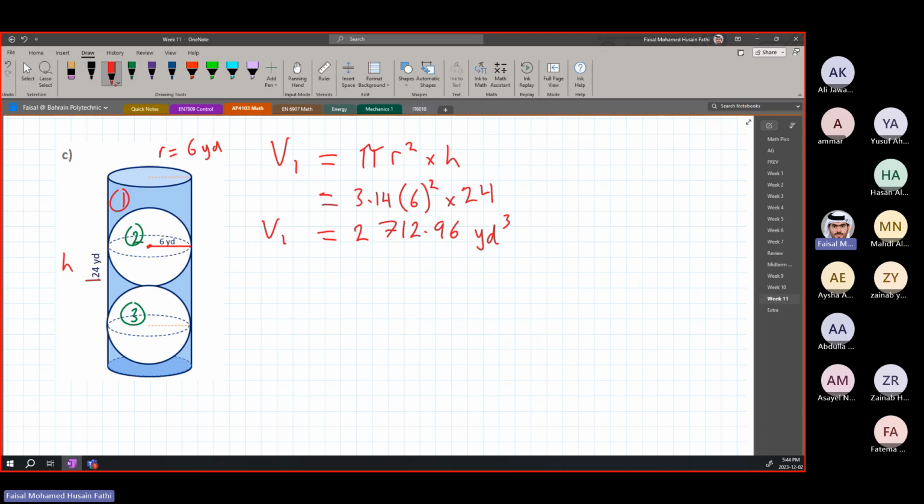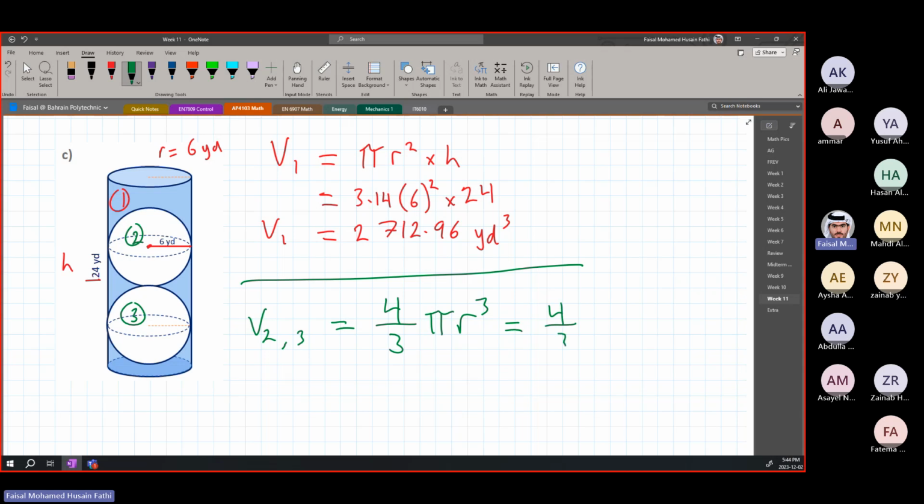All right? Now we go to volumes 2 and 3. V2, 3, because they're the same. What's the volume of a sphere? Easy. 4 over 3 pi r cubed. Just one equation. 4 over 3 times 3.14 times, again, 6 cubed.